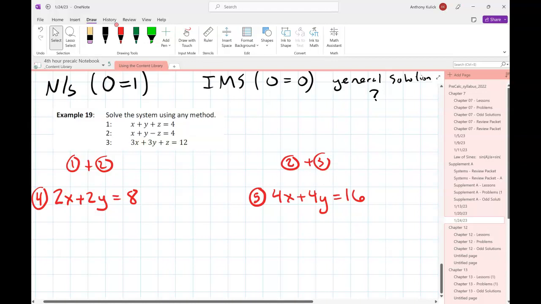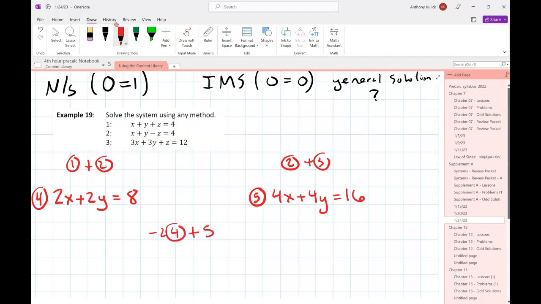At this point, you might notice that this is an infinitely many solutions situation, since equation 4 is half of equation 5, if you look at the coefficients. If you didn't notice that straight away, you could continue on and just do negative 2 times equation 4 and add it to equation 5.